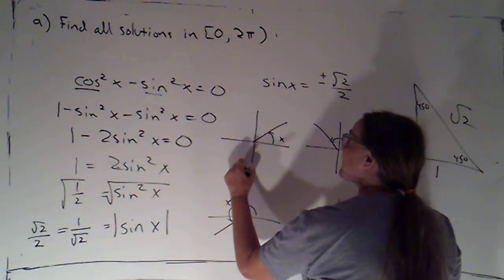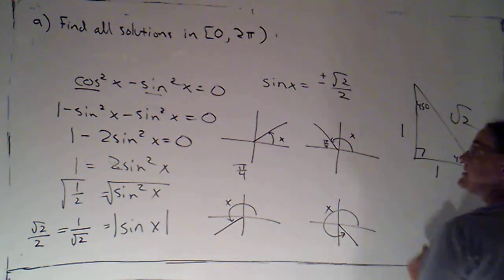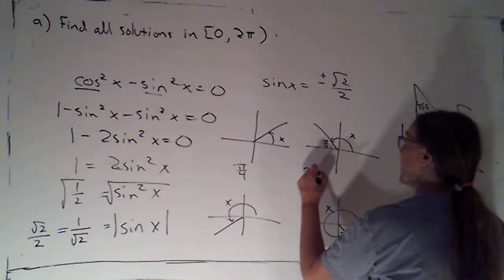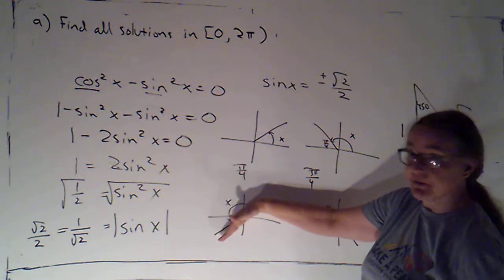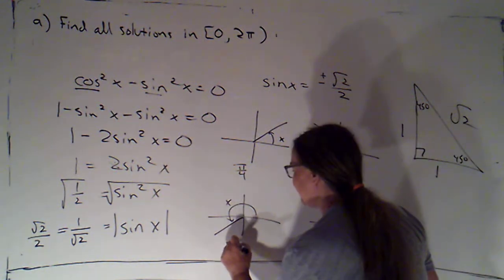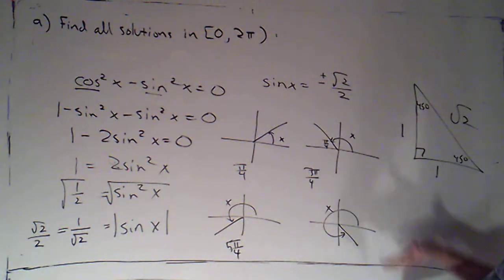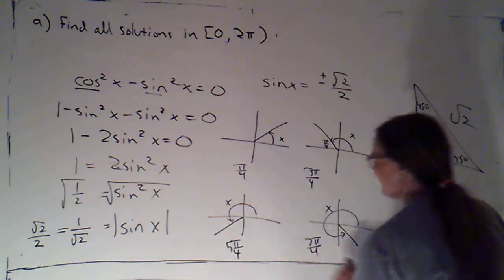So here I'm getting pi over 4. Here that's my reference angle, so x is pi minus pi over 4, that's 3 pi over 4. Here it's my reference angle, but now it's pi plus pi over 4, so that's 5 pi over 4. And here it's my reference angle, so it's 2 pi minus pi over 4, and that's 7 pi over 4.